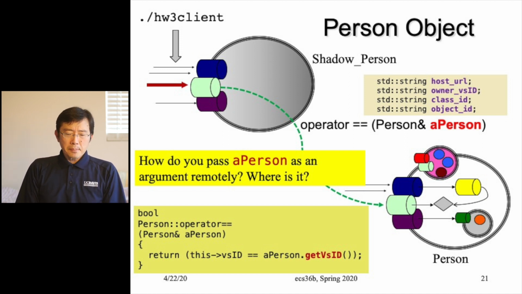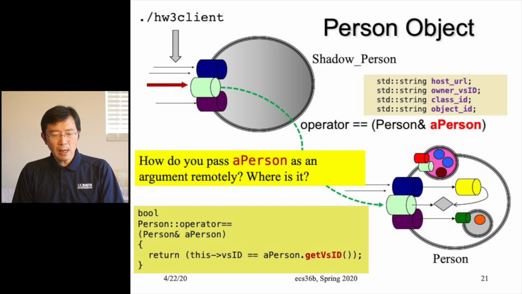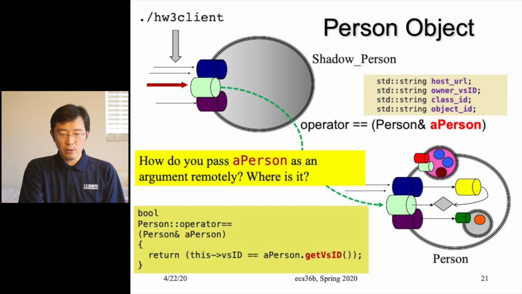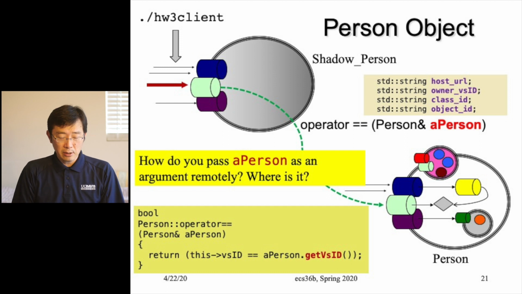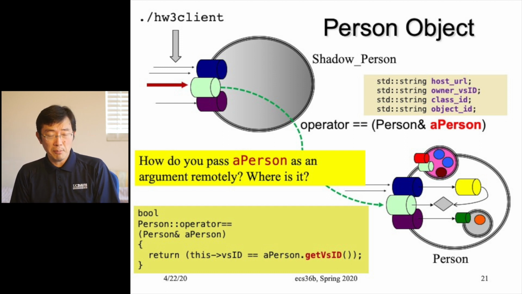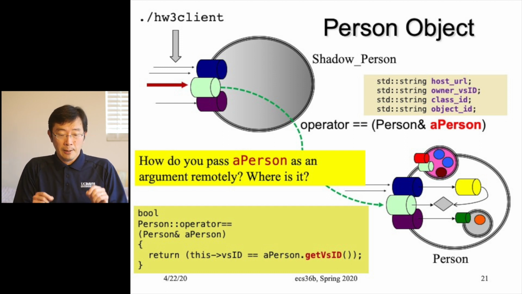Okay, so I know how to pass the argument to the remote. And now I need to do the next step. Of course, I pass to the object, and now I take a look at the operator equal implementation for the real object that is associated with the class person.